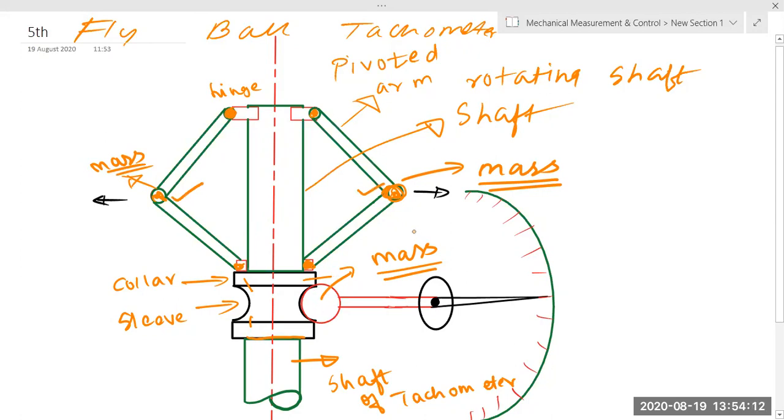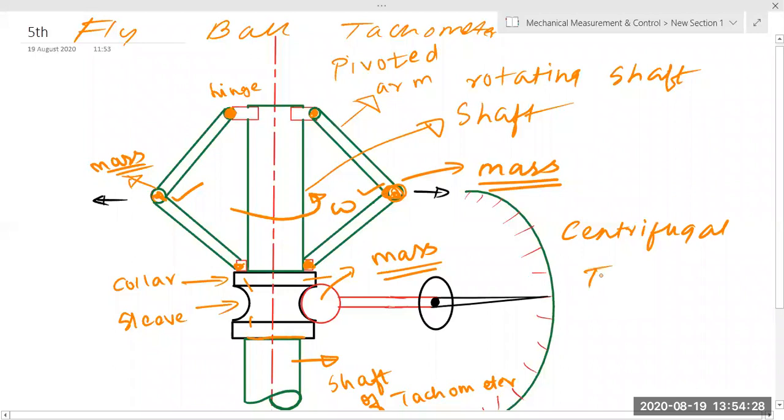Now what will happen? As my shaft rotates at some angular velocity omega, due to centrifugal force, what happens in centrifugal force, can anyone let me know? What do you mean by centrifugal force? It is towards the center or away from the center?